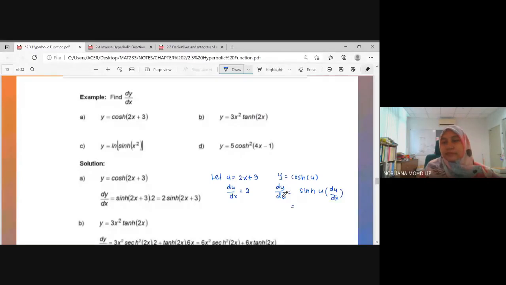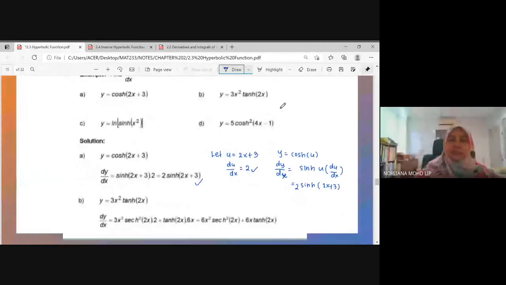Here is dx. Okay, this you can substitute. The u is 2x plus 3. Okay, multiply with du over dx, which we got just now. Du over dx is 2. Go forward, we get the same. Okay, this is by using the substitution method.